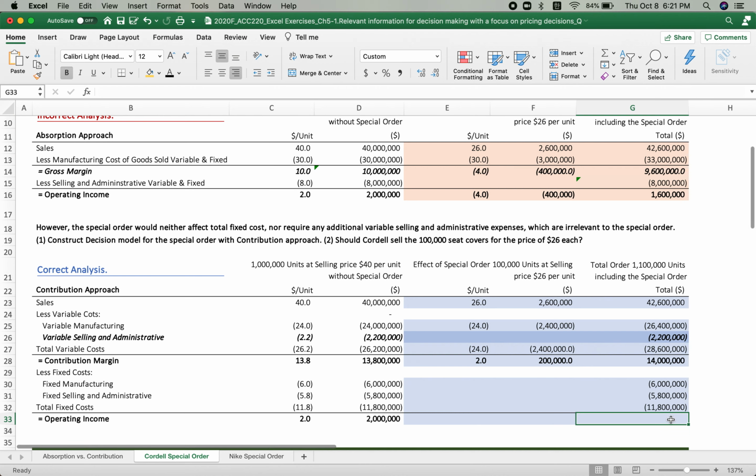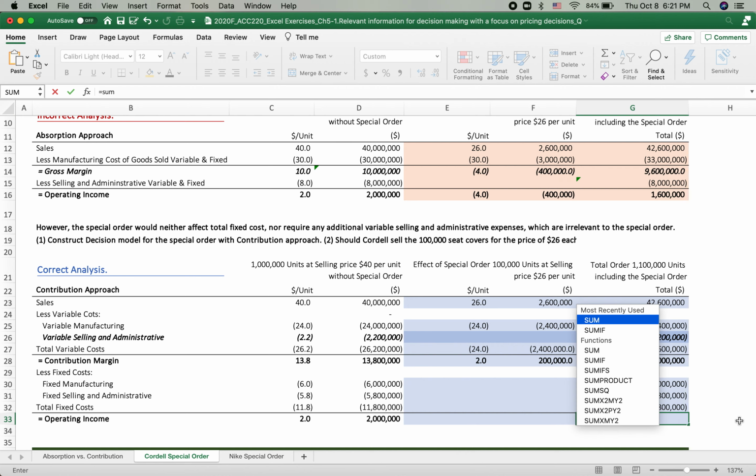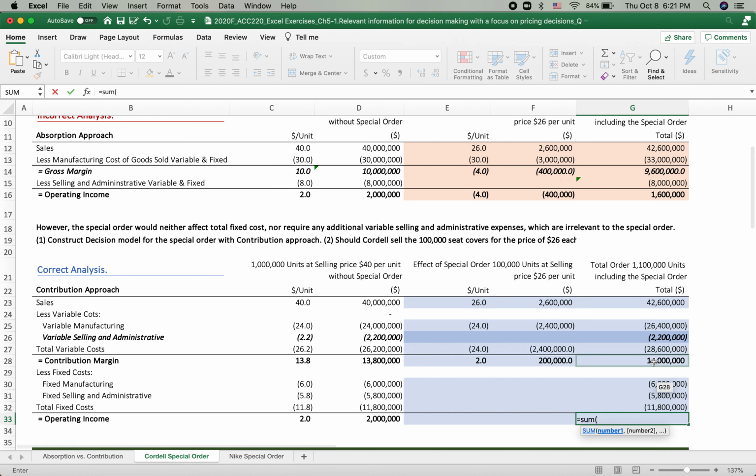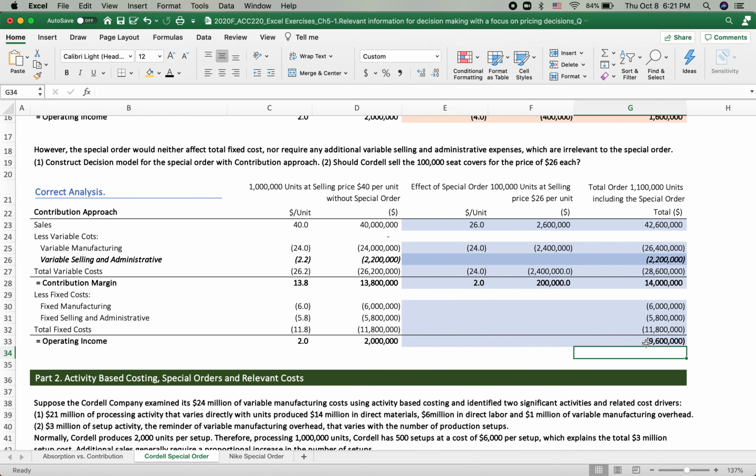So let's sum up. Oh, this is the fixed cost, not the sum of everything. Equal to 14 million minus 11,800,000.